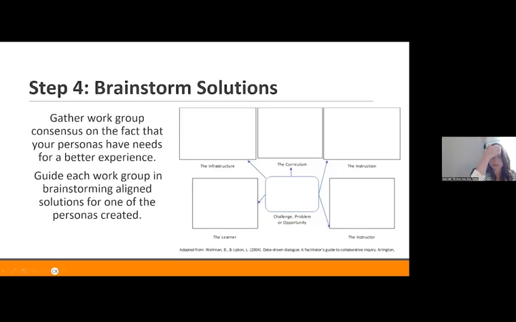Brainstorming the solutions, having all of those different perspectives and voices was really critical on this piece, because we're not all well versed in each of these areas. We know really our silo really well, but to hear their perspective from the instructor who's maybe working with the curriculum and they don't have the whole picture of the infrastructure.